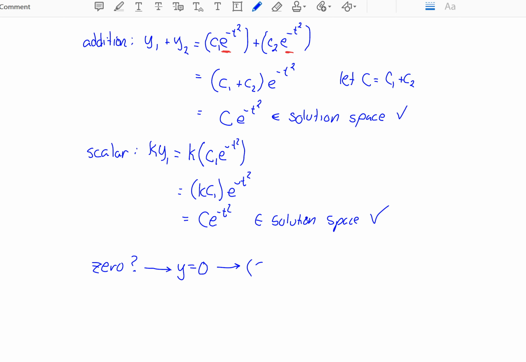Let's plug in our proposed 0 solution. And we're asking, is 0 still part of our solution space? Notice this is saying 0 does equal 0. Check. 0 is an element of our solution space.